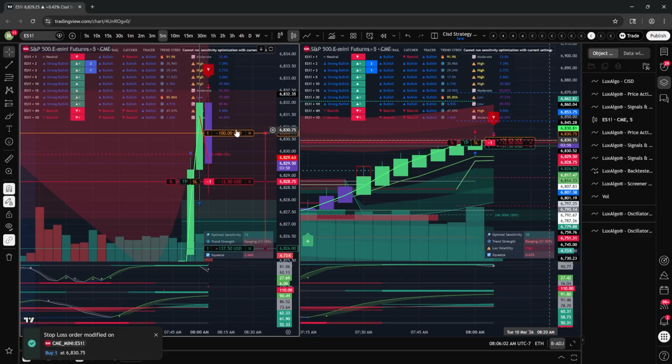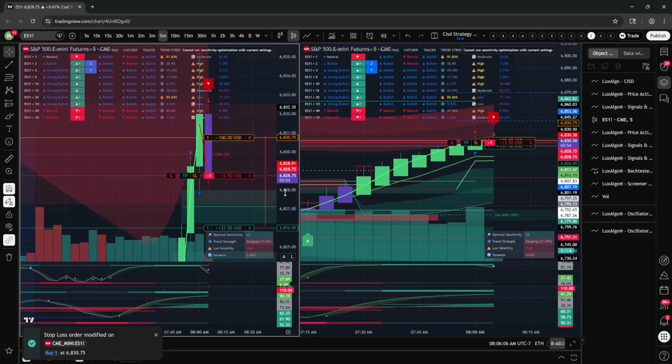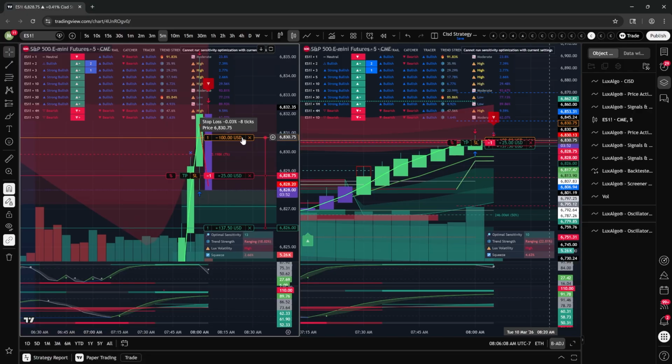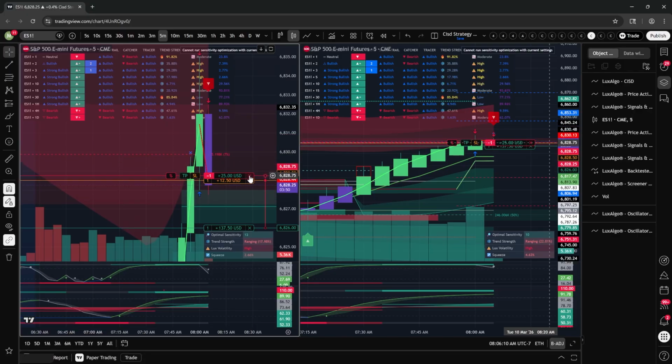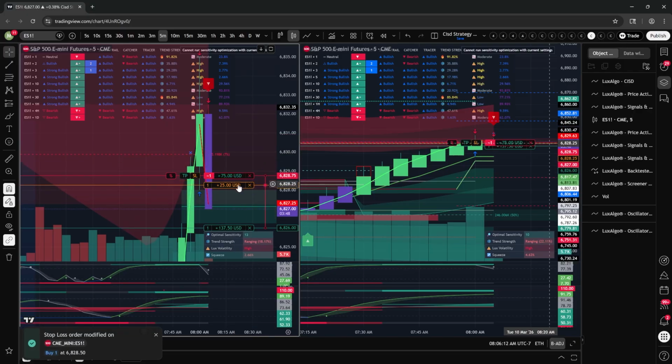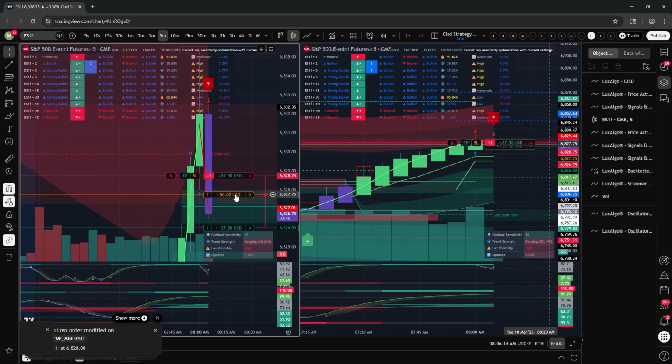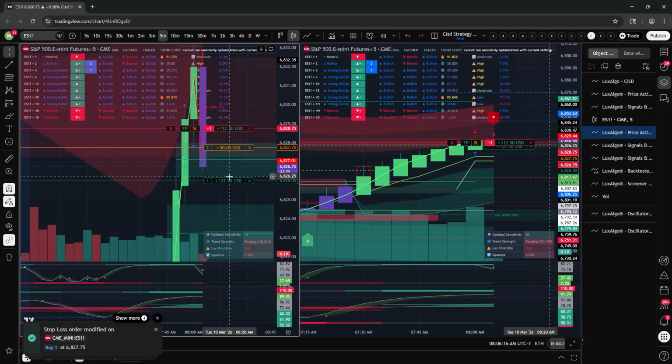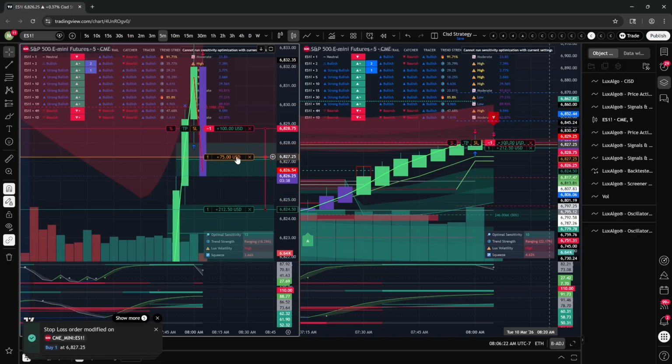Nah, I shouldn't even have taken this trade. Oh, how am I in profit already? What's going on? These candles are lagging. There we go. All right, let's lock in at least 50. It's got some movement on it. Let's lock in 75 here.